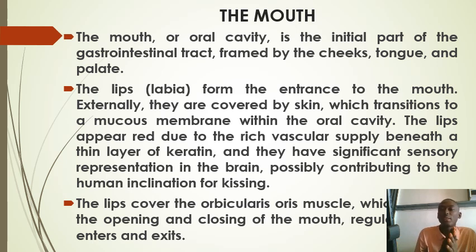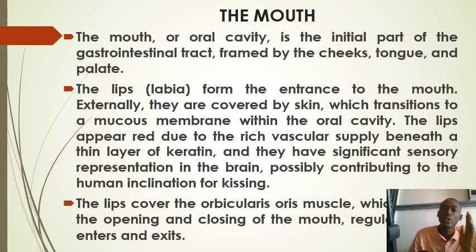The major organs are the ones along the alimentary canal, and the accessory organs are the liver, the pancreas, and the gallbladder. They are accessory because they just aid in digestion. They have their own primary functions, but they contribute their own quota to digestion.